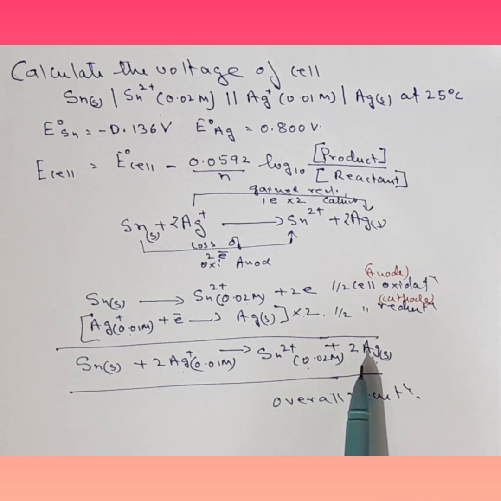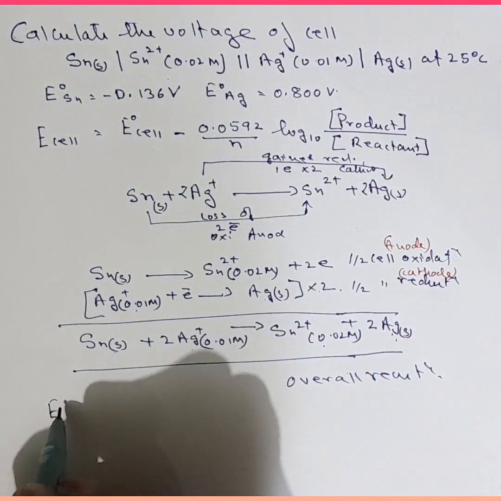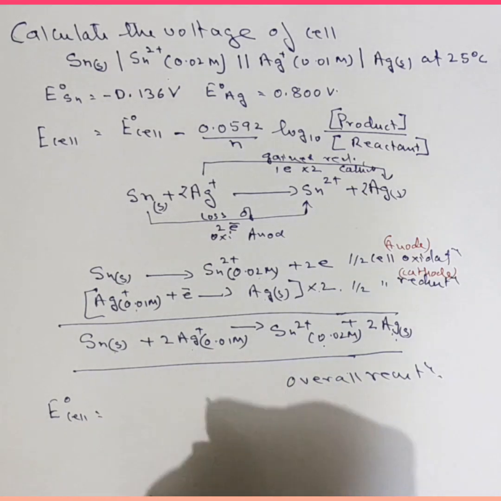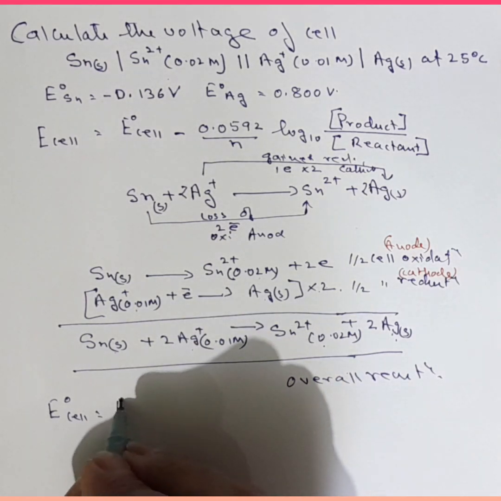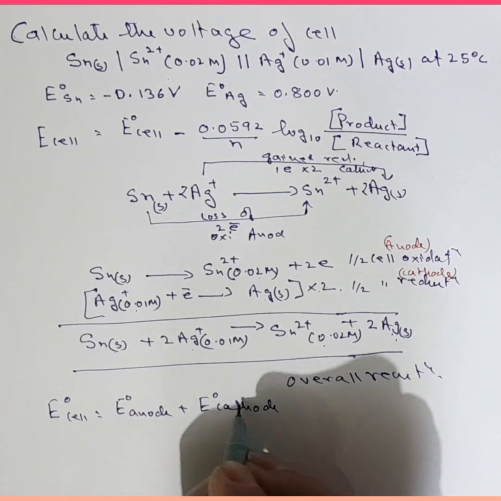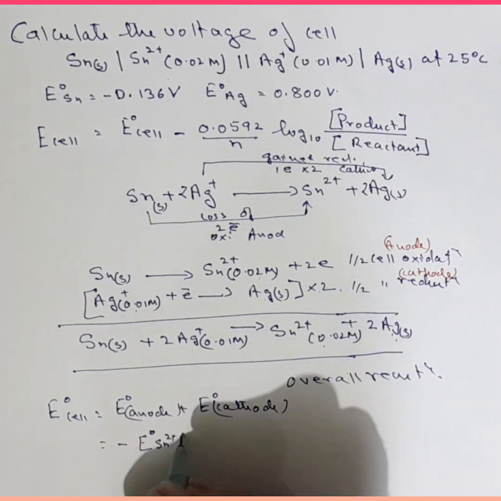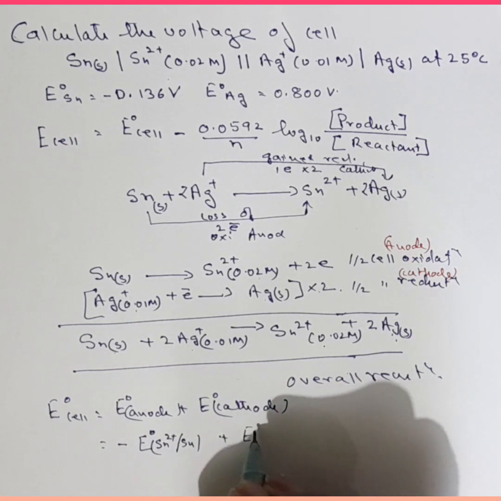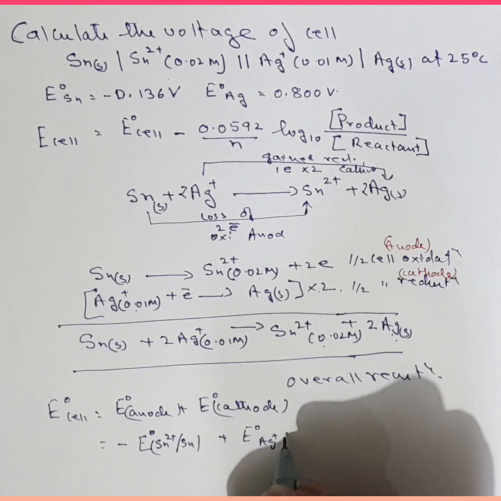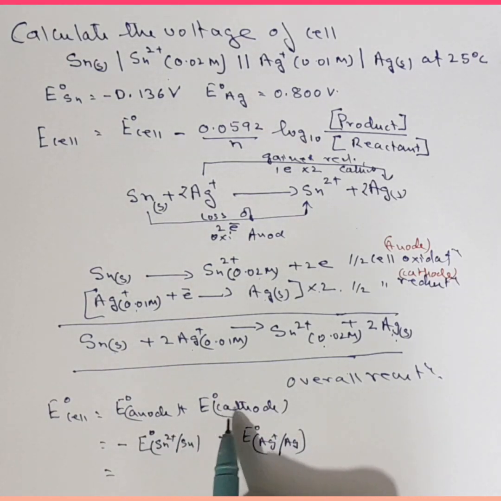Alright, now let's progress ahead. First job in our mission is to get E0 cell. E0 cell, as already mentioned, is E0 anode plus E0 cathode.